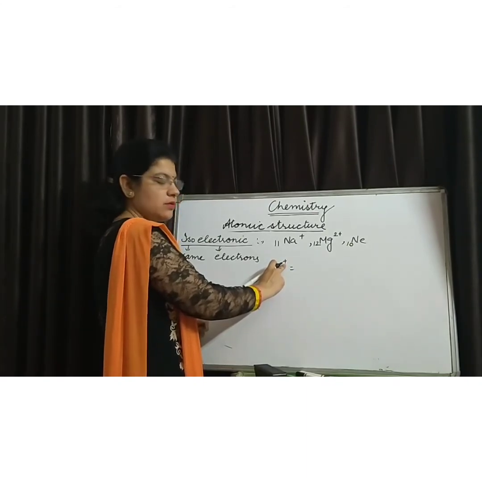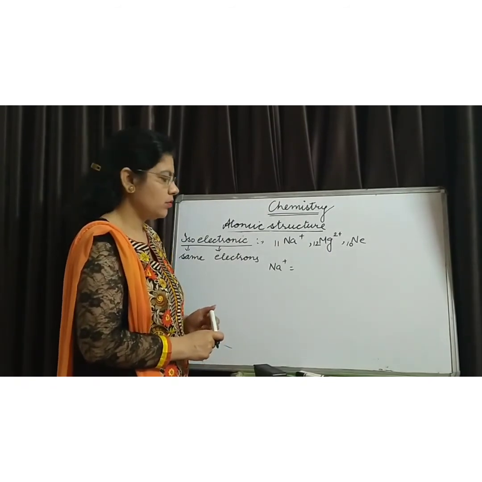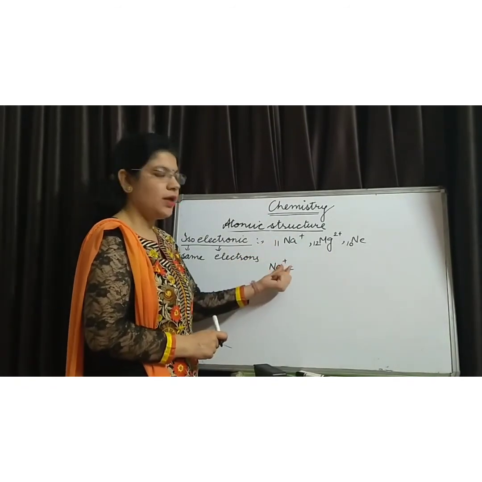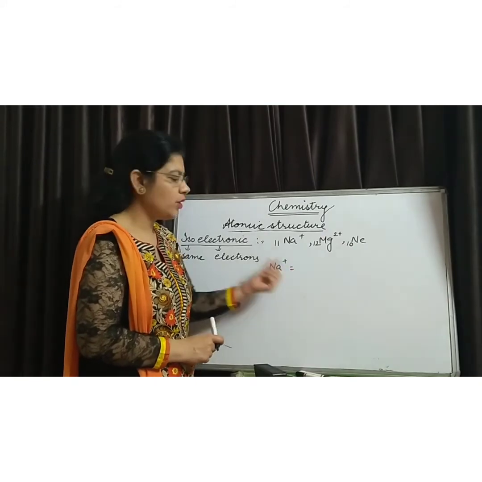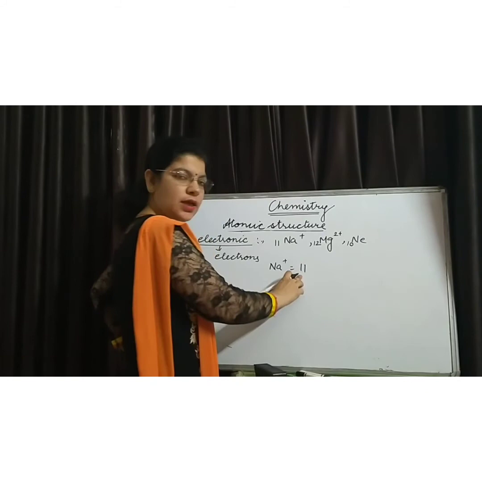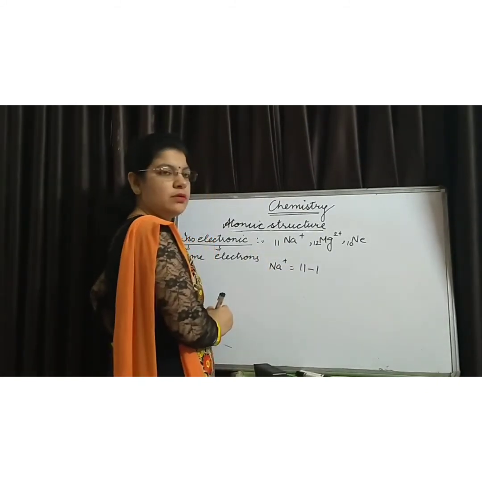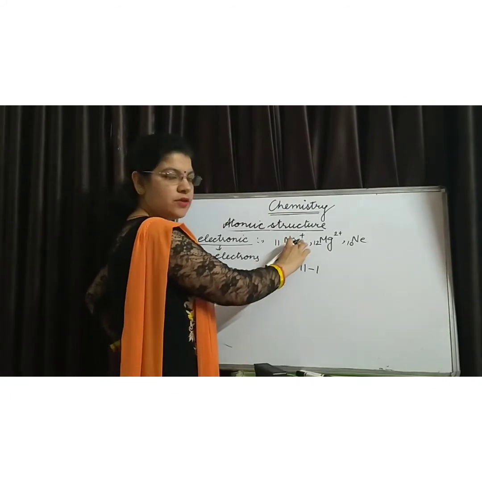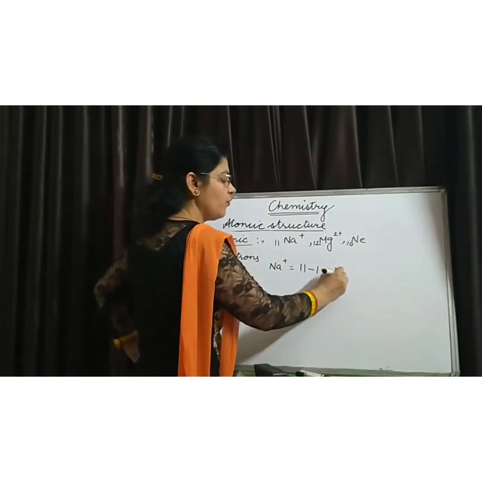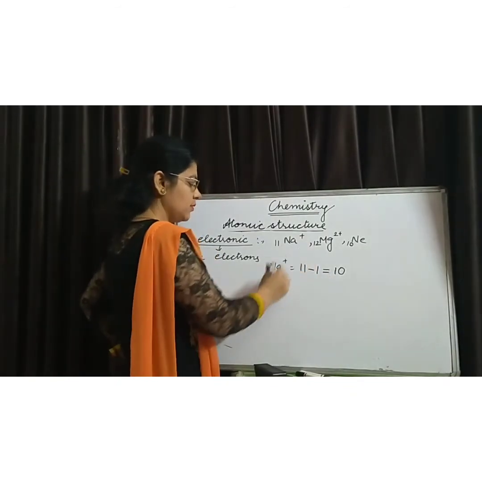It means sodium loses 1 electron. Before, it has 11 electrons. After losing 1 electron, it acquires 1 unit positive charge. So the total number of electrons in the sodium ion becomes 10.